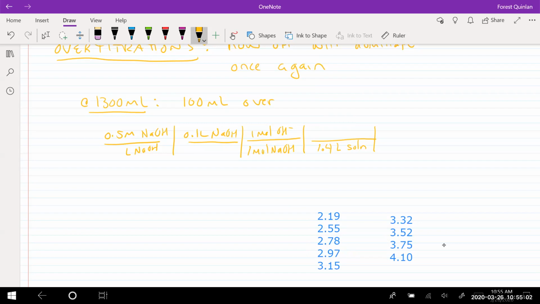Okay, so that will end up giving me a concentration of OH minus equal to 0.0357, which will end up with a pH equal to 12.55.